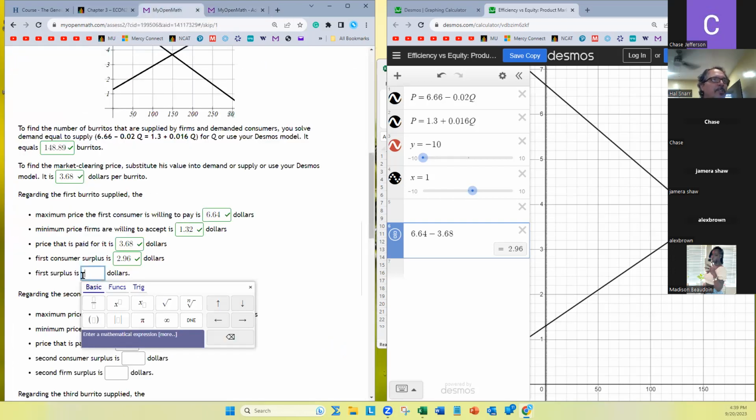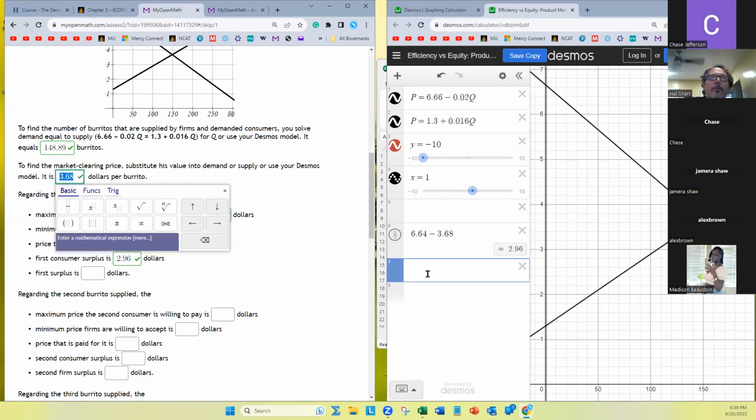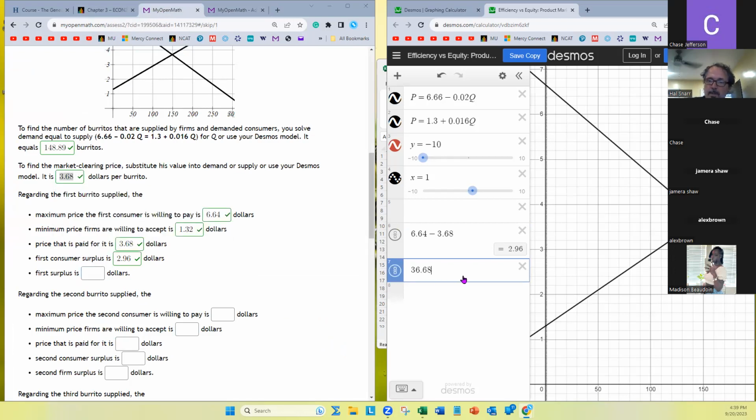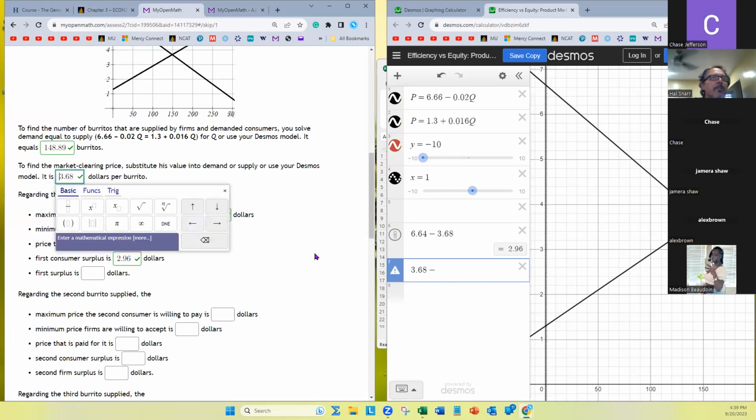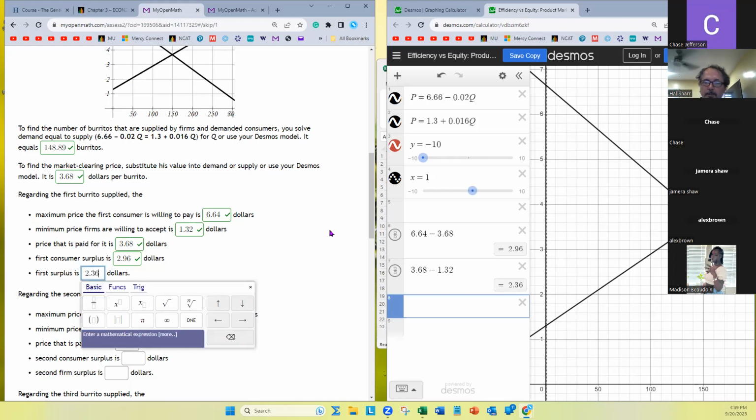Okay, so to calculate the first firm surplus, you take the market price that the firm gets. My market price is $368, right? And you subtract off what the firms would be willing to accept. In my case, $1.32. So the first firm surplus is $236.